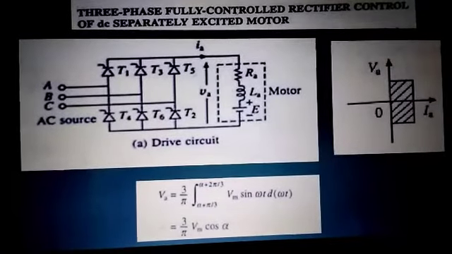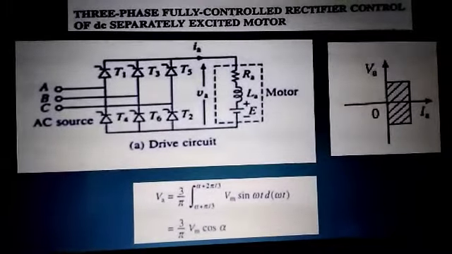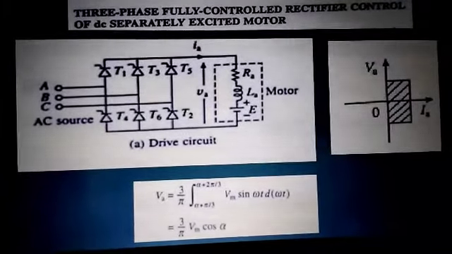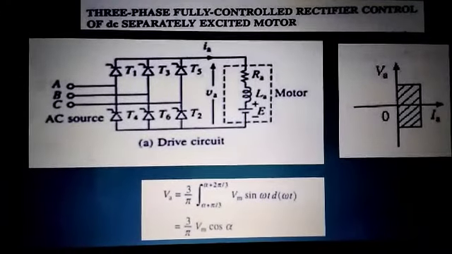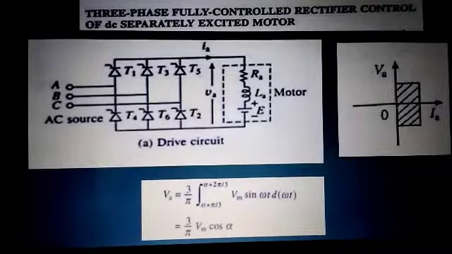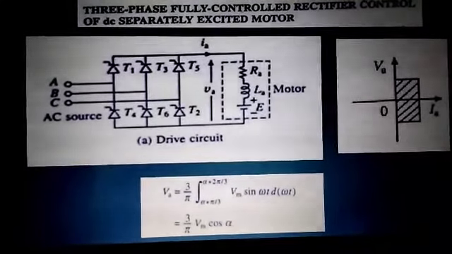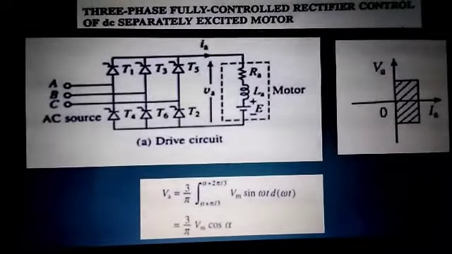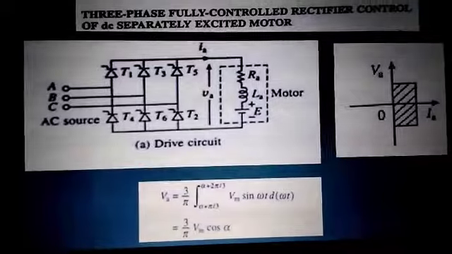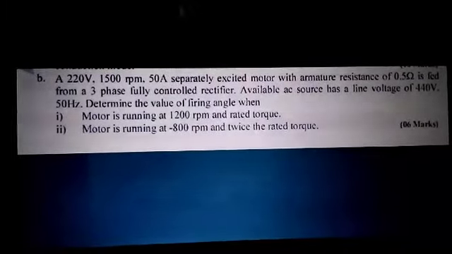In the numeric question, two cases are asked: the first case belongs to the first quadrant and the second case belongs to the fourth quadrant, and we need to calculate alpha in both.